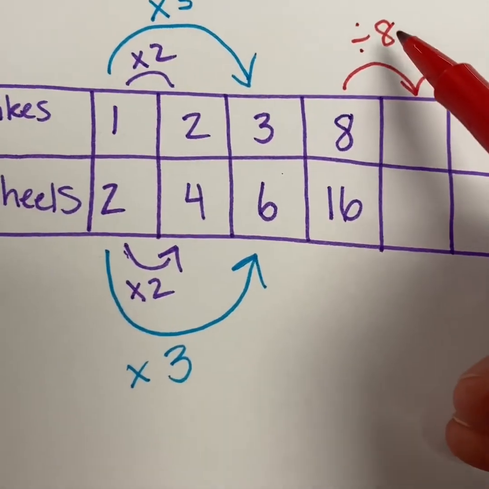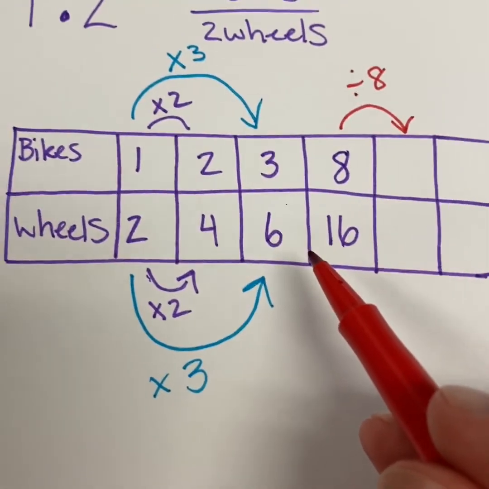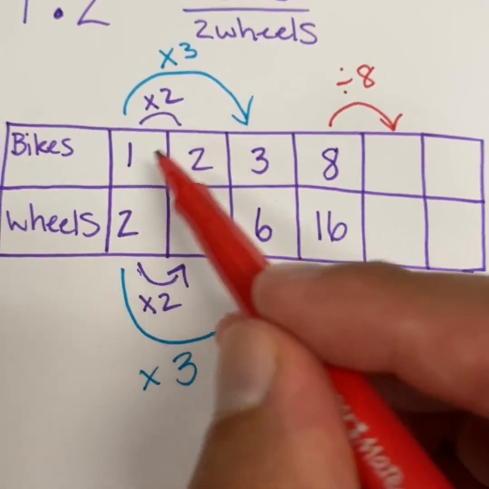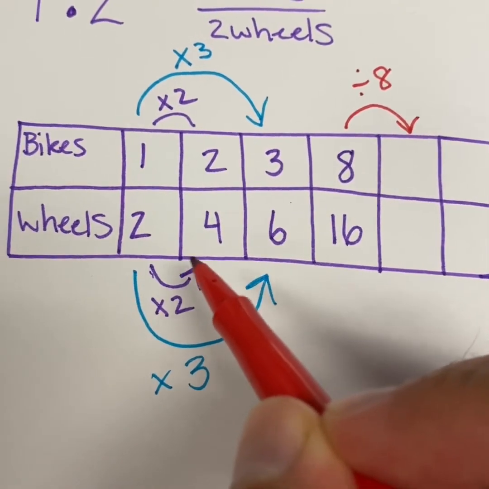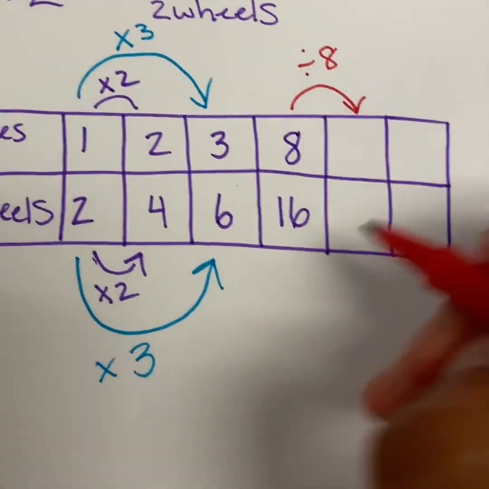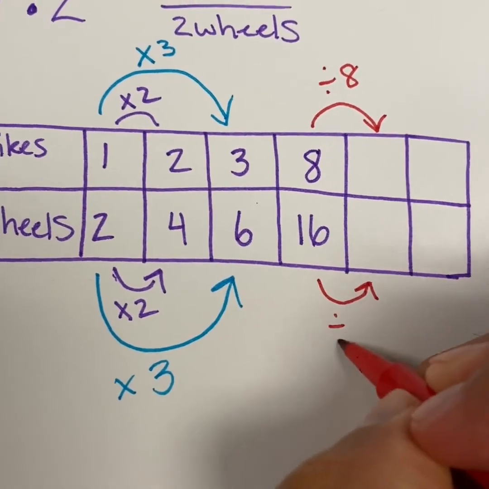And if we do that to the top, or we do that to the bikes, we have to do that to the number of wheels as well. It's what we did over here when we were scaling up. We multiplied our bikes by 2. We multiplied the number of wheels by 2. It keeps the ratio equivalent when we are scaling up or scaling down. So we're going to take 16, and we are going to divide that by 8 as well.